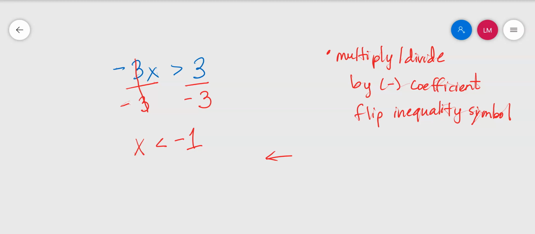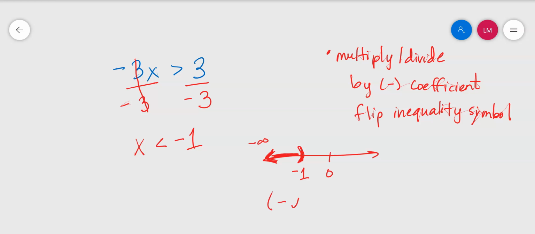So now let's graph this. So we have 0. We got negative 1. Let's call it right here. And I read it from left to right. X is less than negative 1. And because it's a less than, not equal to, then I'm going to use parentheses. So we want to be less than. So let's face everything to the left, which is less than. Shade to the left toward negative infinity.